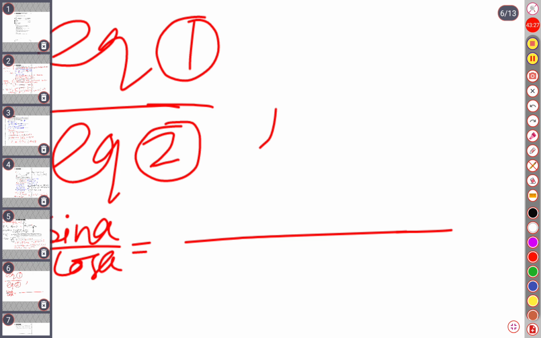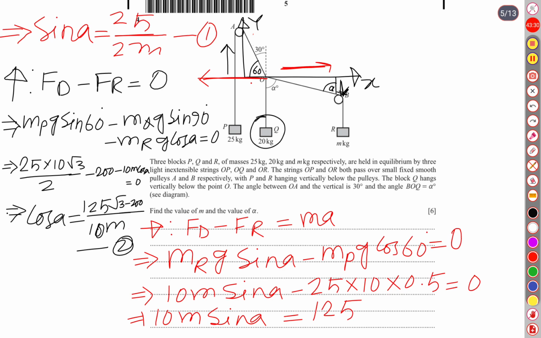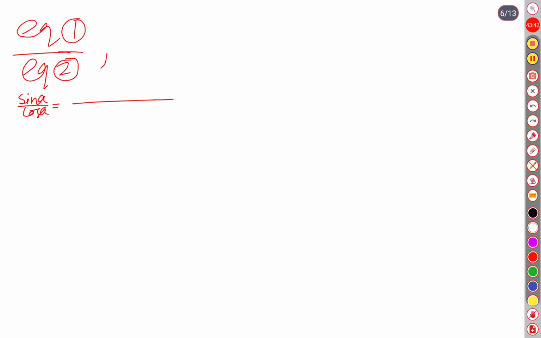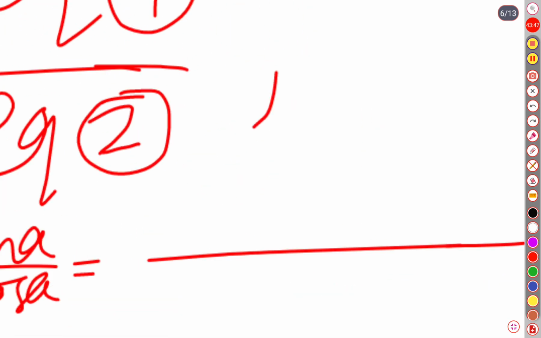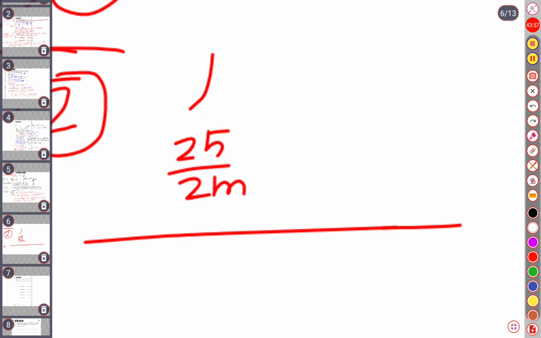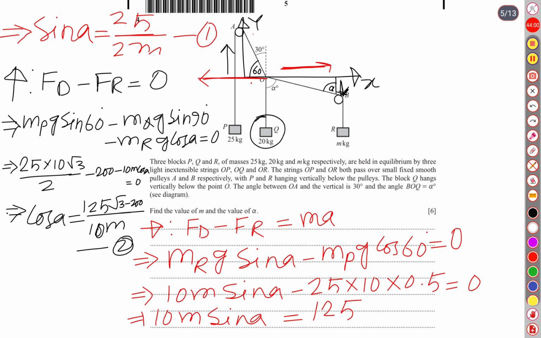Let us go back to the previous page. Equation 1 was 25 over 2m, and equation 2 was 125 root 3 minus 200.